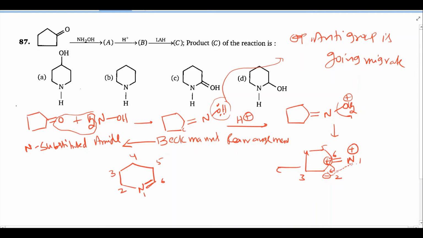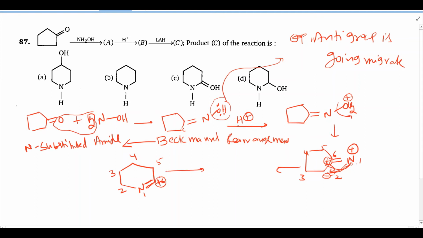The anti group is migrating like this, it is attacking. Then at the sixth one, there will be a positive charge.